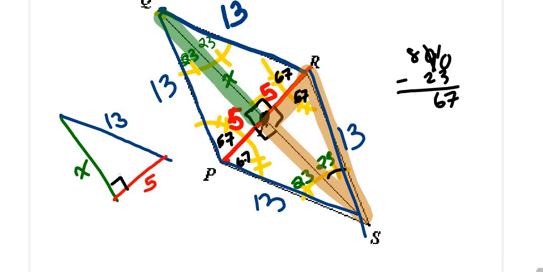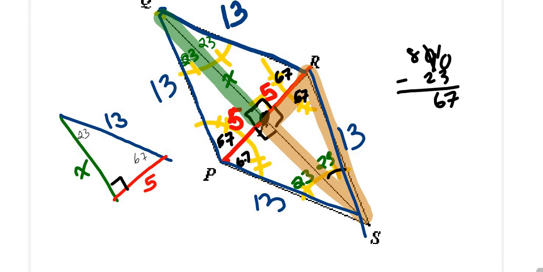Right angle. 23, 67. Now, take a look. I have angles and sides, which means I could use SOHCAHTOA, but I also have 2 sides and I need a 3rd side. So you could use SOHCAHTOA or Pythagorean theorem. We have 2 sides, need 3rd side.